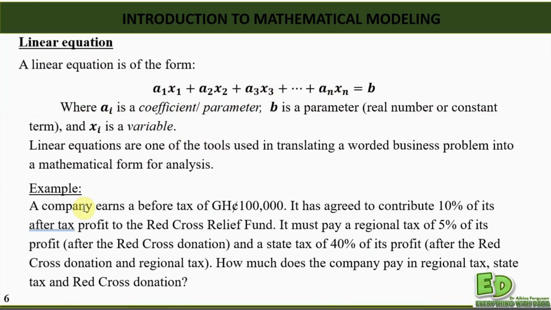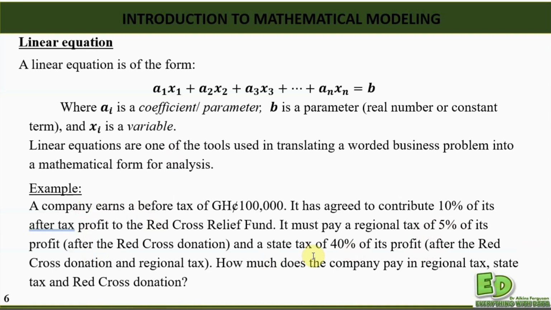So example here, a company earns a profit before tax of 100,000 Ghana cedis. It has agreed to contribute 10% of its after tax profits to the Red Cross Relief Fund. It must pay a regional tax of 5% of its profits, that is after the Red Cross donation, and a state tax of 40% of its profits after the Red Cross donation and regional tax.